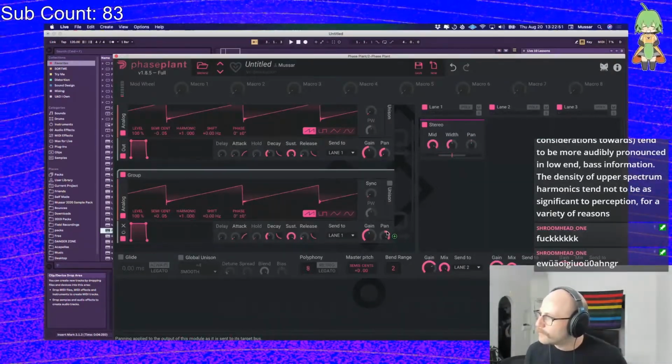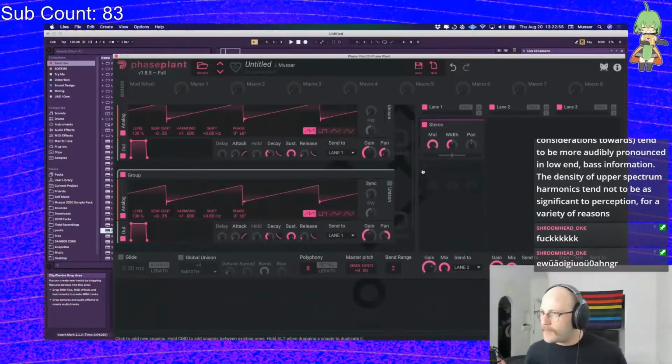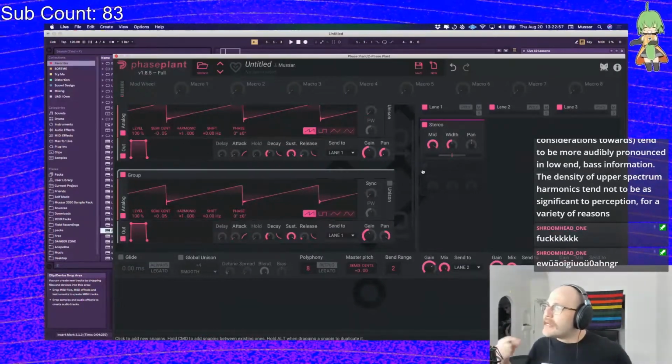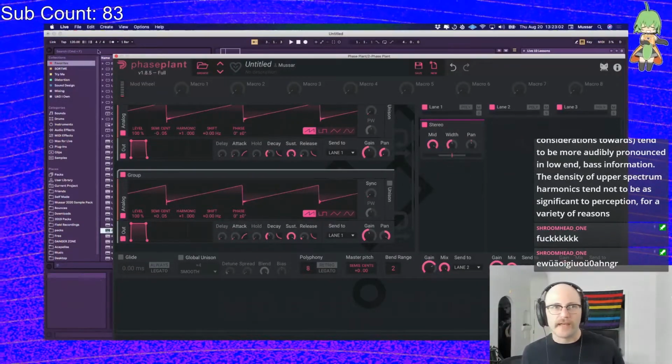Now, our ears are able to pick up on the difference between the phases, even if there isn't as much phase cancellation between the waves.